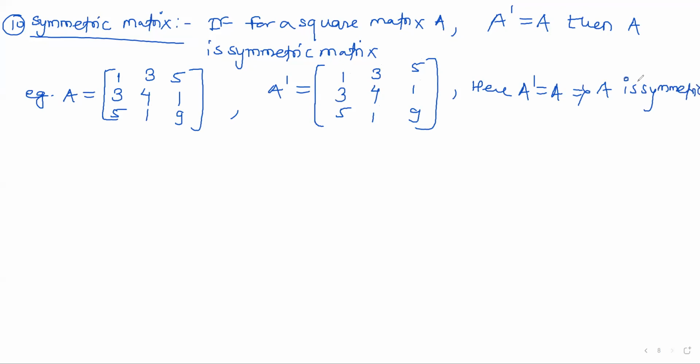Okay, A is symmetric. Now the next part is 11, skew symmetric matrix. What do you mean by skew symmetric matrix?